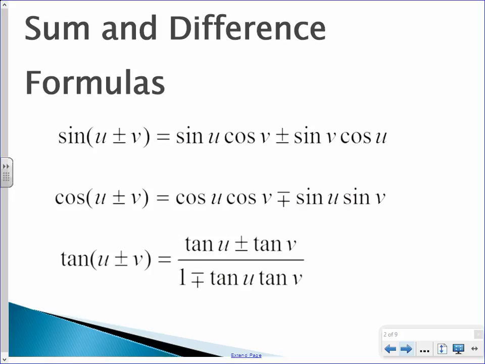Okay, what I'm going to do before we get into these formulas is give you a proof for one of them. In mathematics, it's not just about writing something down, it's about writing something down that is correct, that actually makes sense, right? So in mathematics, we like to prove that things are true.